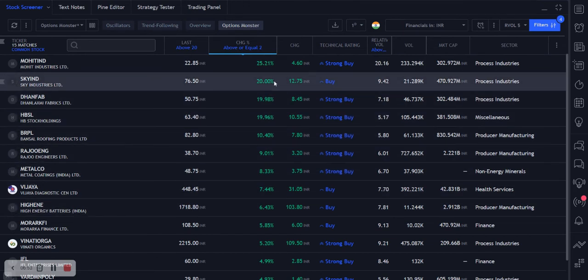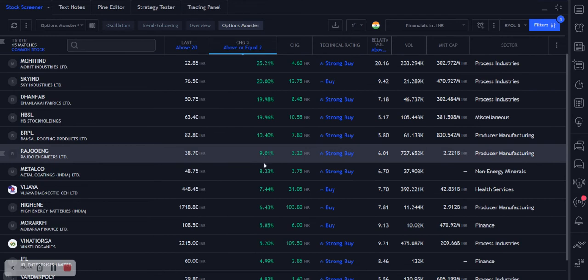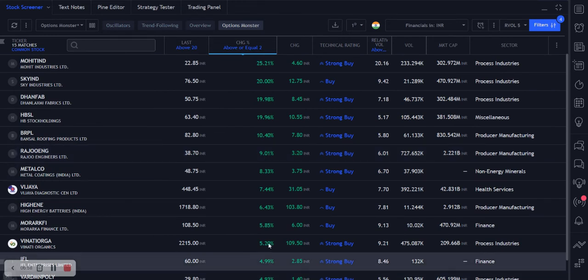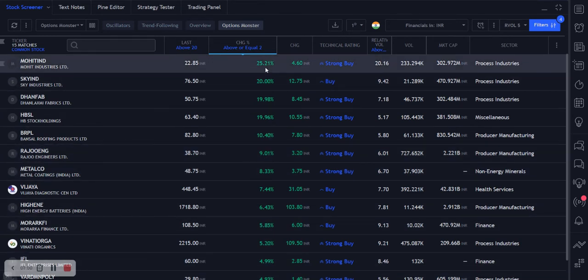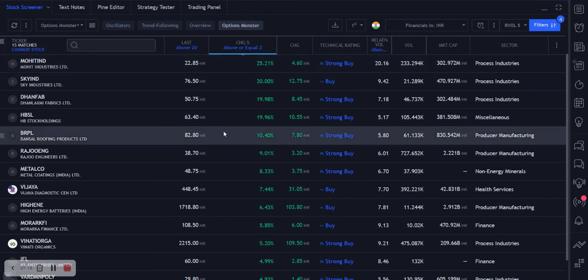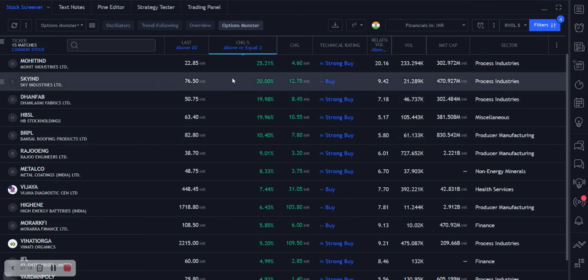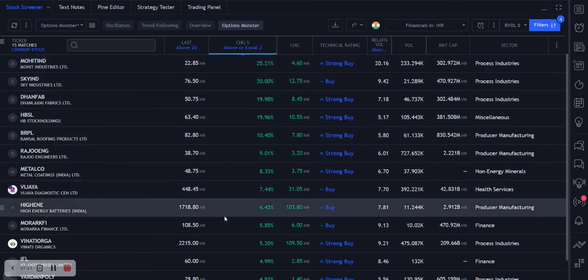You get the idea. And as you see from the change percentage, these are huge breakouts, 5% to 25%. Out of the more than 5,000 stocks in BSE and 2,000 plus stocks in NSE, this has given us just 15 very likely candidates for making money.